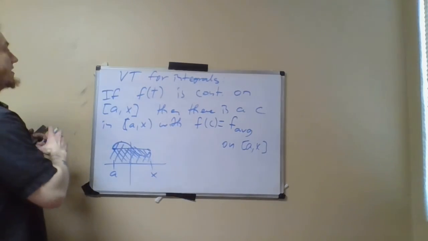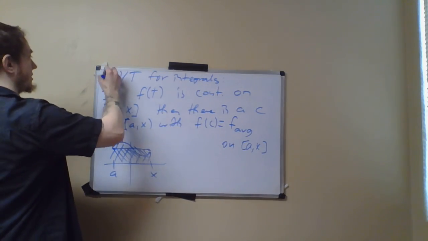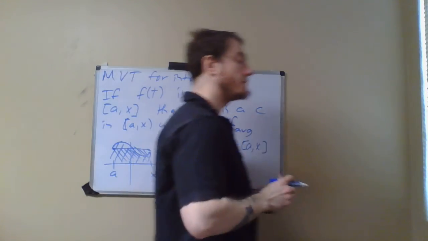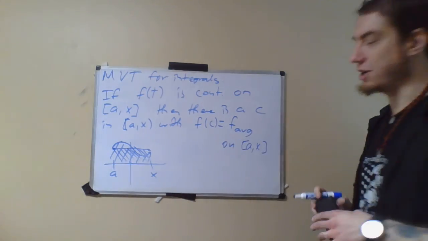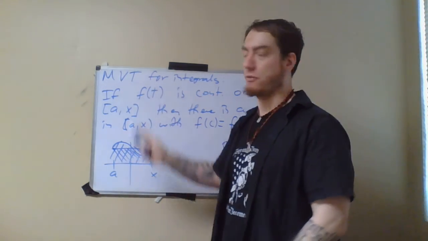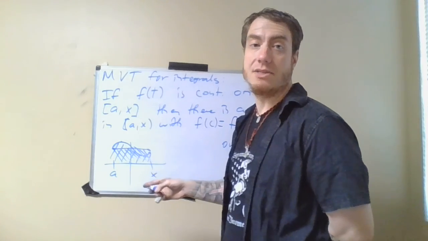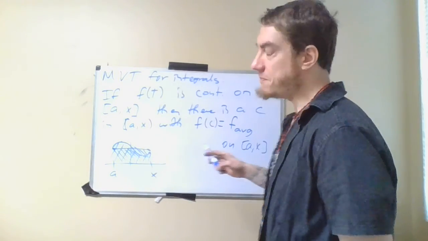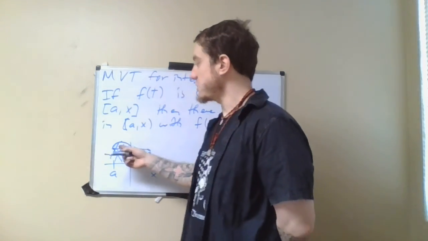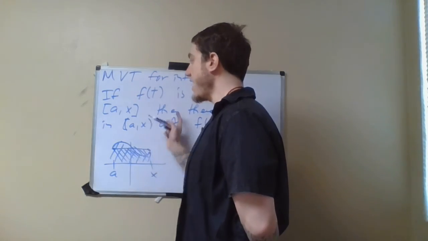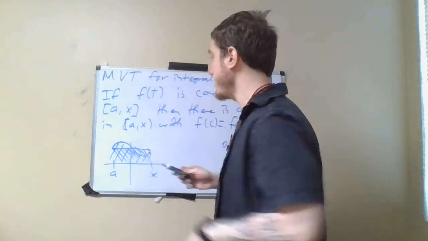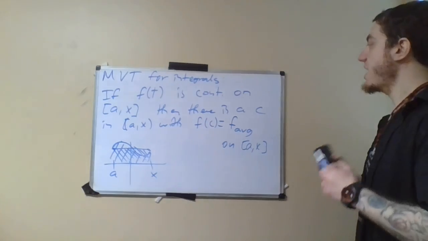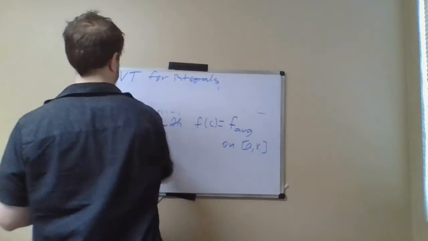Why did I say intermediate value theorem? Mean value theorem. I said intermediate because that's what we're going to use. We then apply the intermediate value theorem to say, because it's between the maximum and the minimum, and f is continuous, it has to hit that value. So here is how we can prove this.